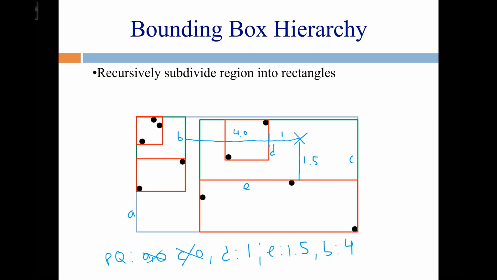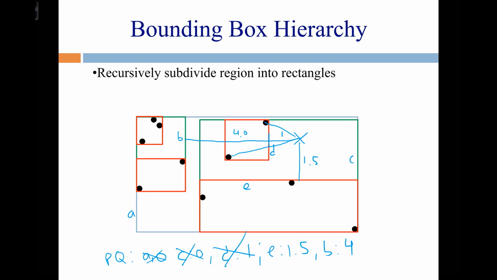Okay, so now we're going to pop D. D, turns out, is a leaf node, so we figure out the distance from x to its 2 points and enqueue them.